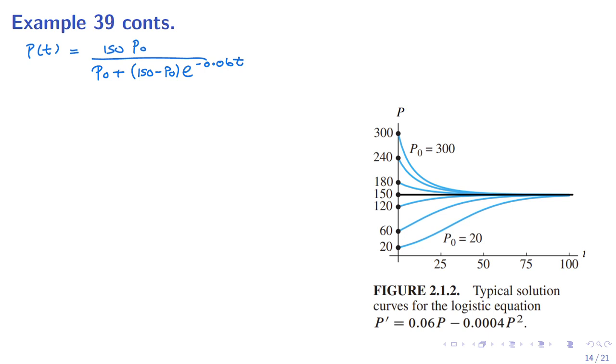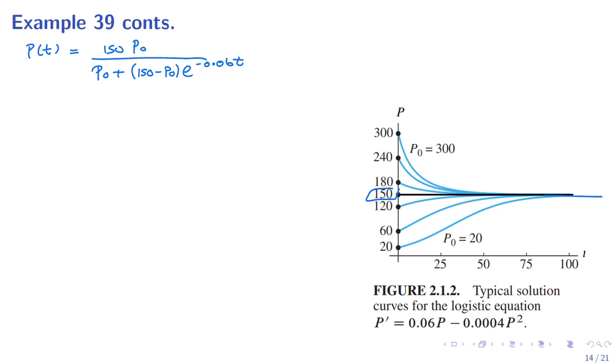And now, here I have drawn some solution curves starting with different initial conditions: p naught equal 20, 60, 120, 150. You can see that as time progresses, no matter where I started, the population is going to converge to a value of 150.